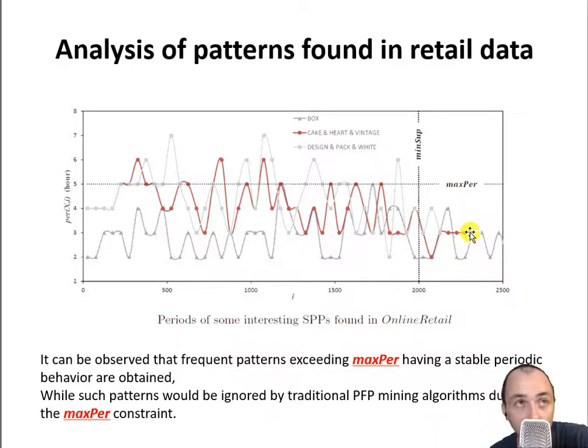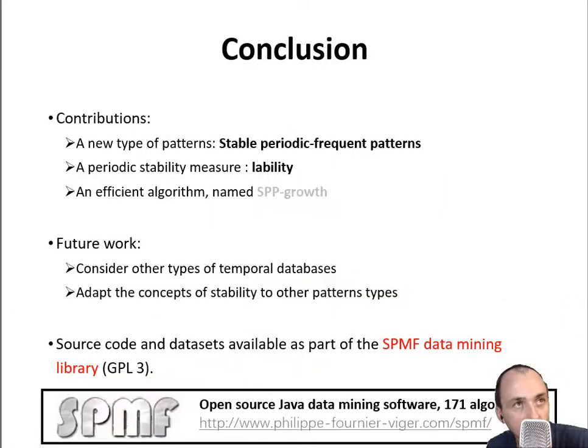But here in the chart, we can see that this pattern is quite stable actually. So using our algorithm, we can find it. Because we allow to exceed the maximum periodicity a little bit sometime, but overall, it must be almost always periodic, so we keep it. So this just to show we can find some patterns other algorithm cannot find.